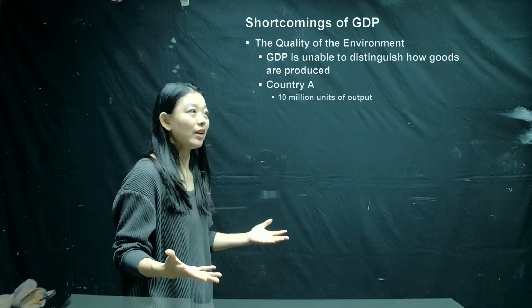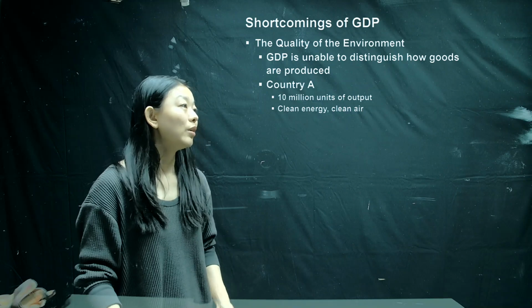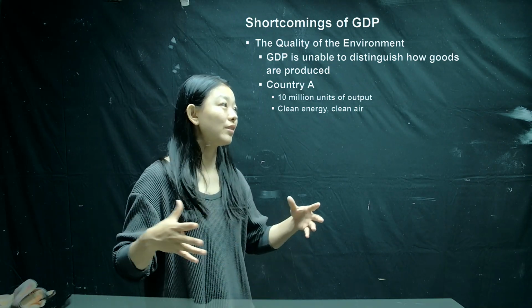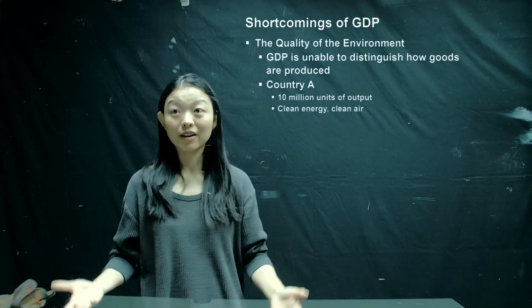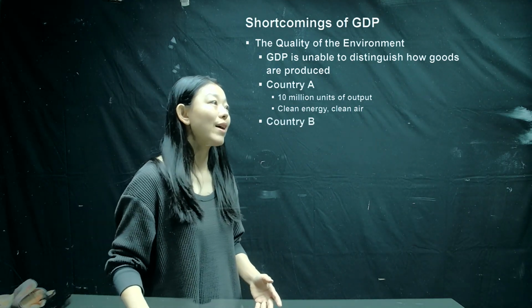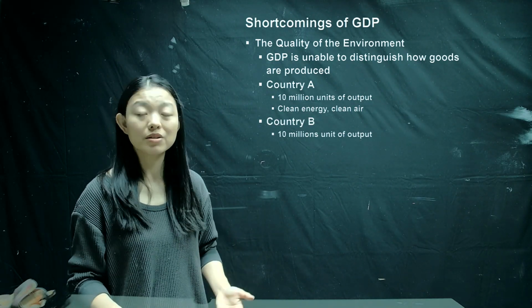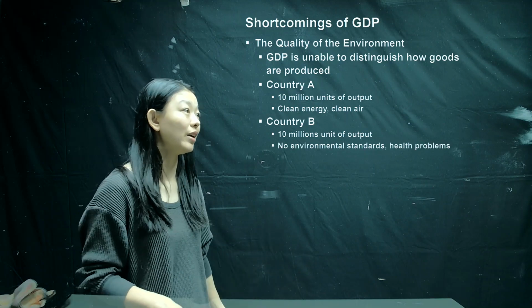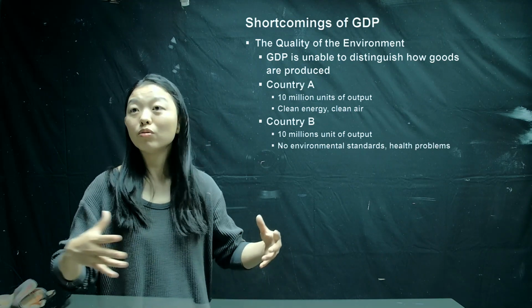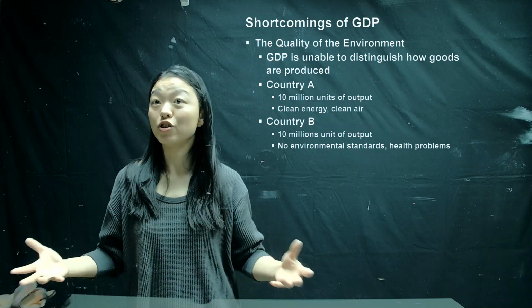You can see for country A, we have 10 million units of output, but country A has clean energy and clean air. We have a better quality of environment. However, country B still has 10 million outputs, but it involves no environmental standards and also some health issues.